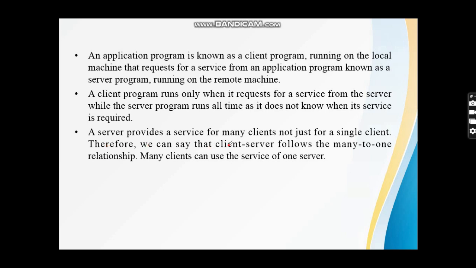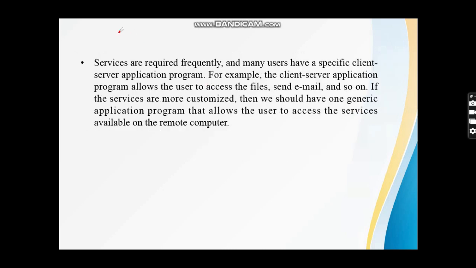A server provides a service for many clients, not just for a single client. Therefore, we can say that client-server follows a many-to-one relationship. Many-to-one relationship means that many clients can use the service of one server. Now, services are required frequently, and many users have a specified client-server application program.